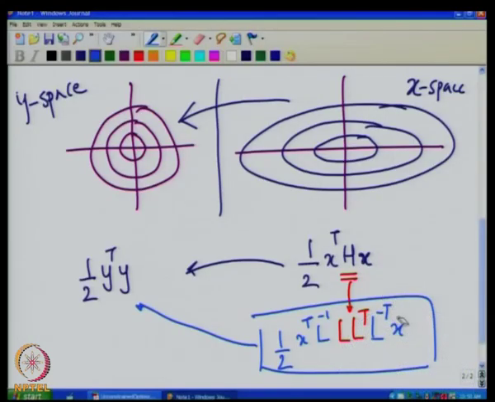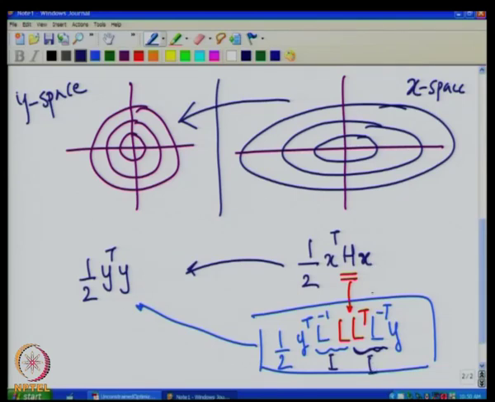This should have been y, and this also should have been y, and then what we get is L inverse L is identity, and this is identity, and therefore, what we get is half y transpose y.